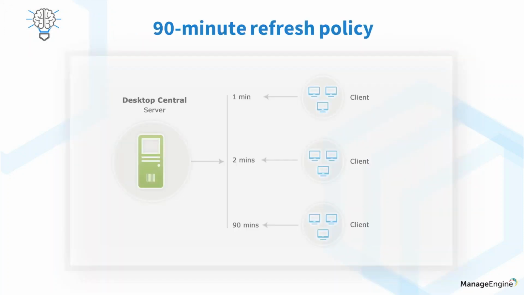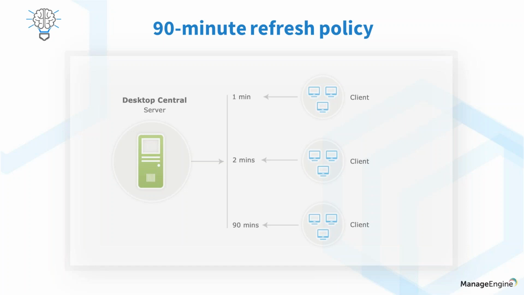Desktop Central can scale to small as well as large networks. Using our 90 minutes refresh policy, every agent communicates with the Desktop Central server once in 90 minutes. Even if you have 90 machines or 900 or even 9,000 machines, the 90 minutes will be divided between them, and each machine will be given a specific time to talk with the server.